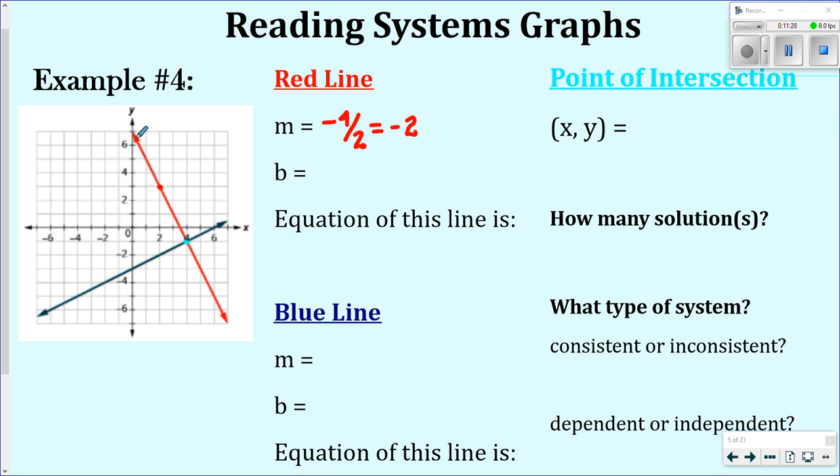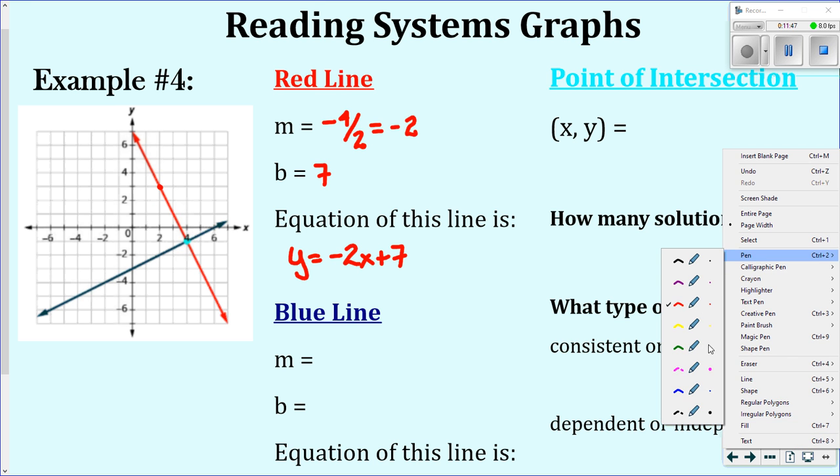My b, this line is hidden, even though it hasn't passed through, but it's touching it, it's 7. My equation of a line, you remember y equals mx plus b, so it's y equals -2x plus 7. That's the equation for the red line.